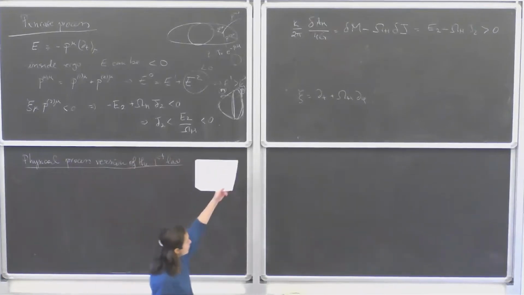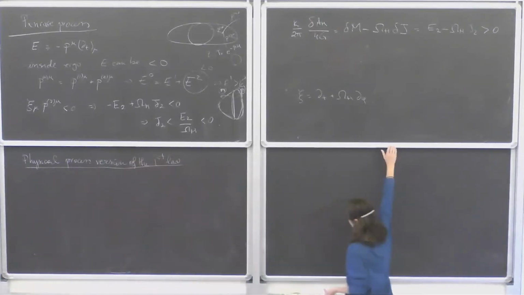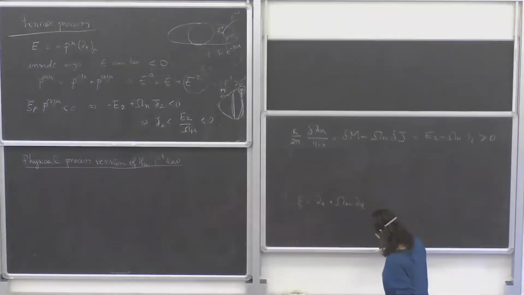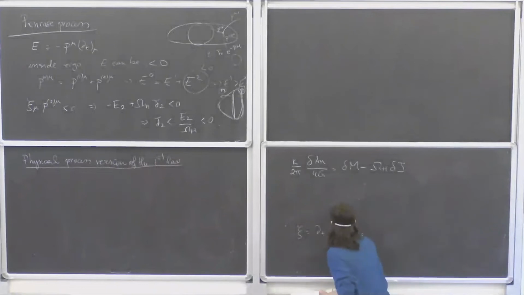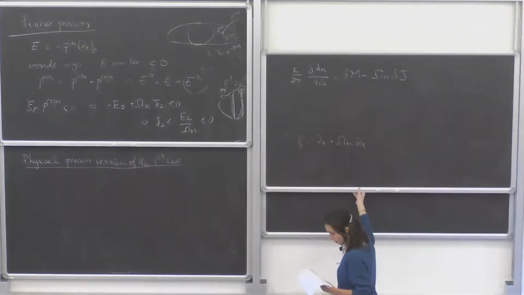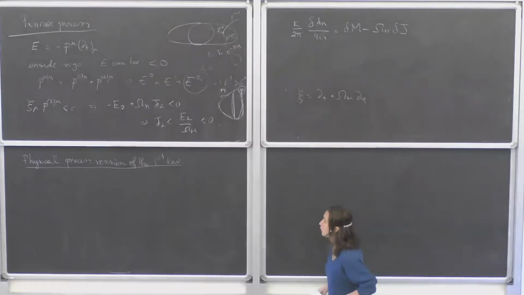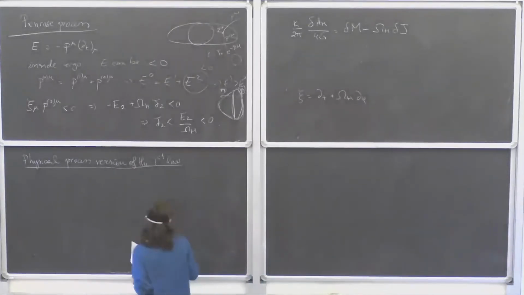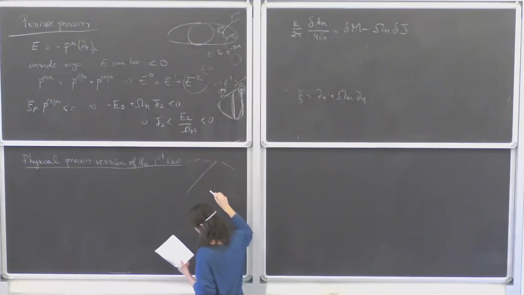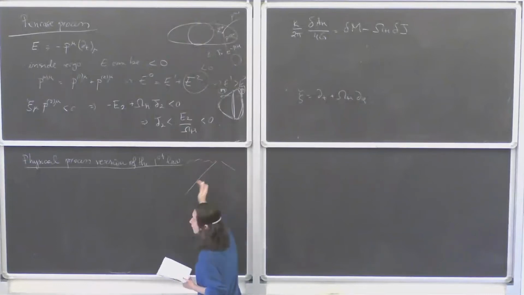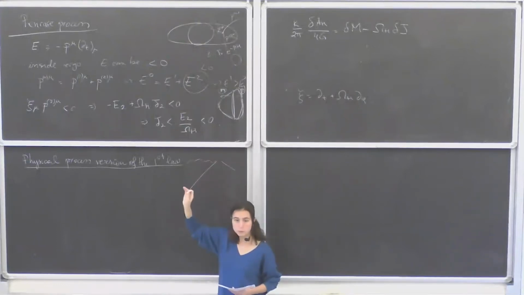Okay, and the first law is written for you over there, minus the part that comes from the Penrose process. In this physical process version, you have some black hole with some horizon, and you want to add some mass, and maybe angular momentum, to the black hole.